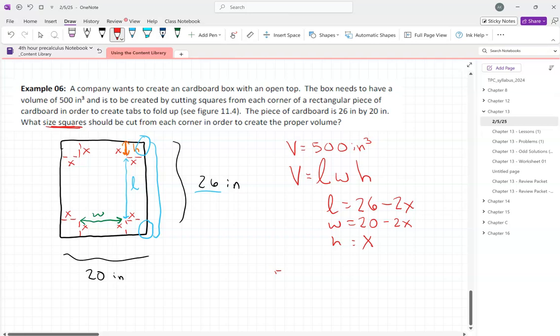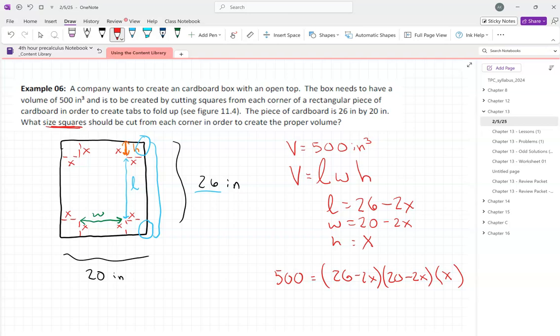So we're left then to solve the equation: 500 has to equal (26 minus 2x) times (20 minus 2x) times x. Now, if I wanted to solve this by hand, I'd have to FOIL this all out, subtract the 500 over to the other side, and see if I can factor this thing.